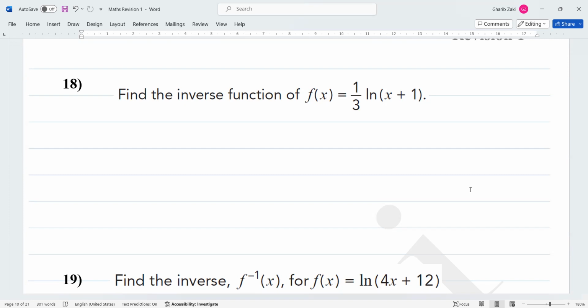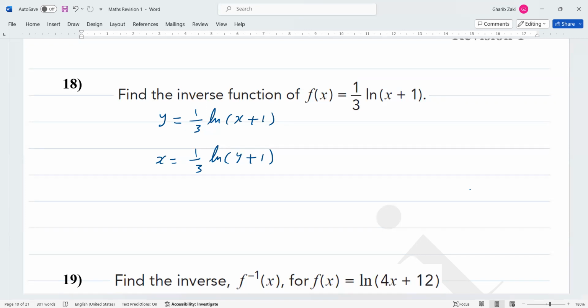Okay, ready? Now, first step, we write f of x as y. So y equals 1/3 ln(x plus 1). Change y to x and x to y. So x equals 1/3 ln(y plus 1).